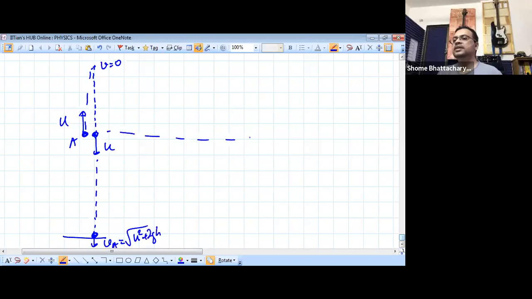Let's compare this motion with the motion of B. B I am directly throwing down, from the same height, so it will have the same velocity.